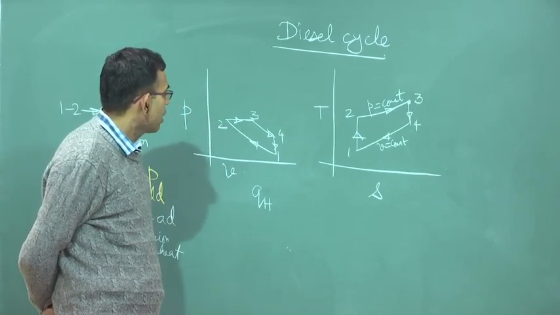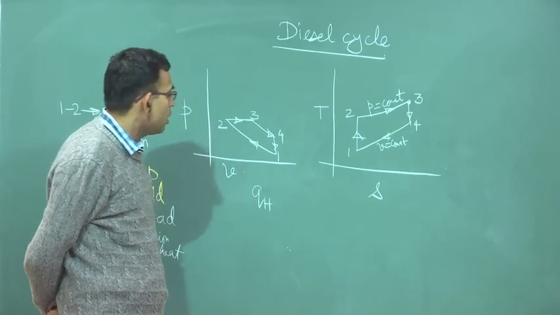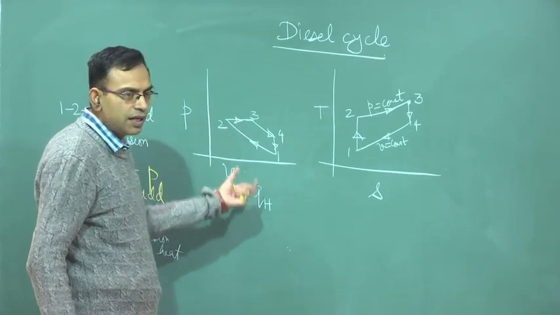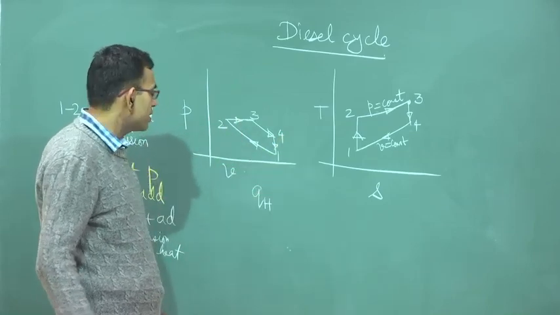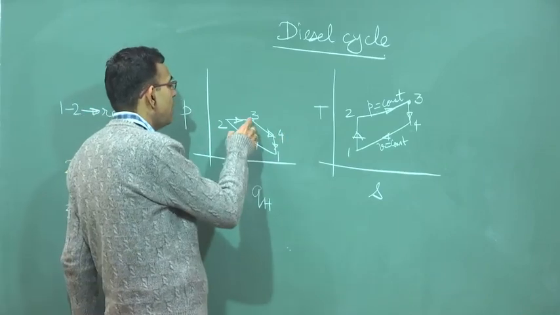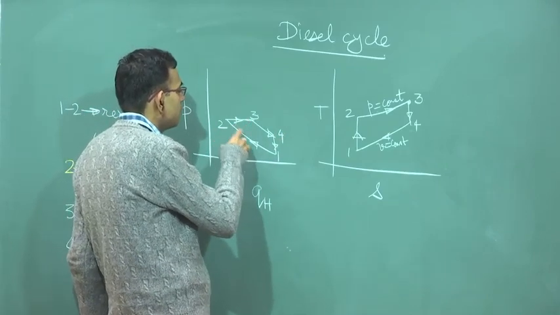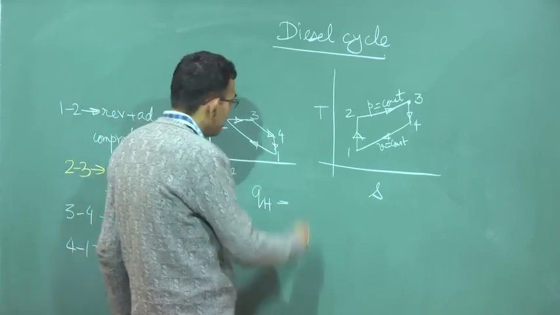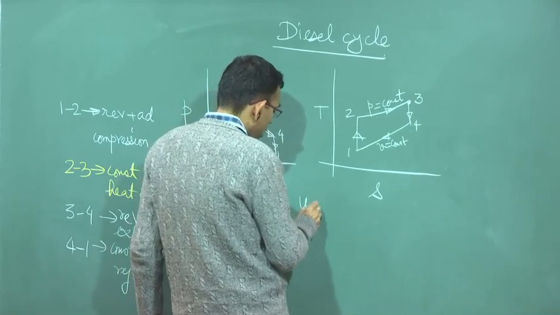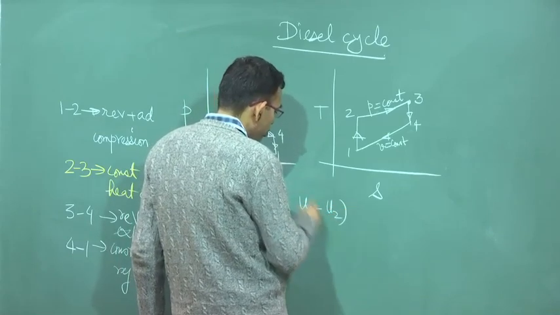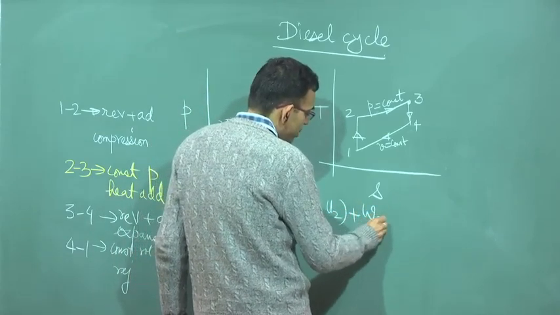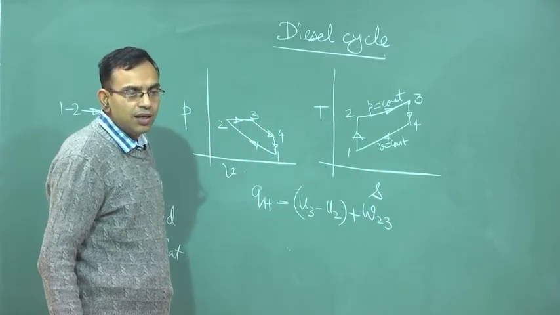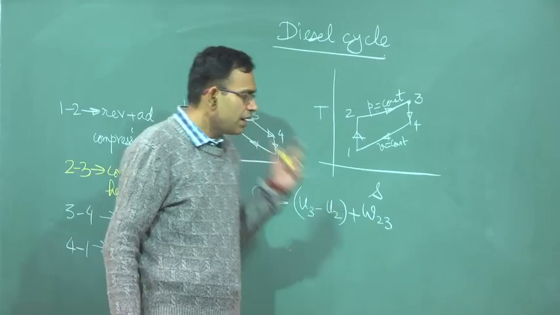Without referring to individual systems for writing the first law of thermodynamics, we will simply write that the heat addition is from 2 to 3. So, QH is U3 minus U2 plus W23, right. Straight away we are writing this.